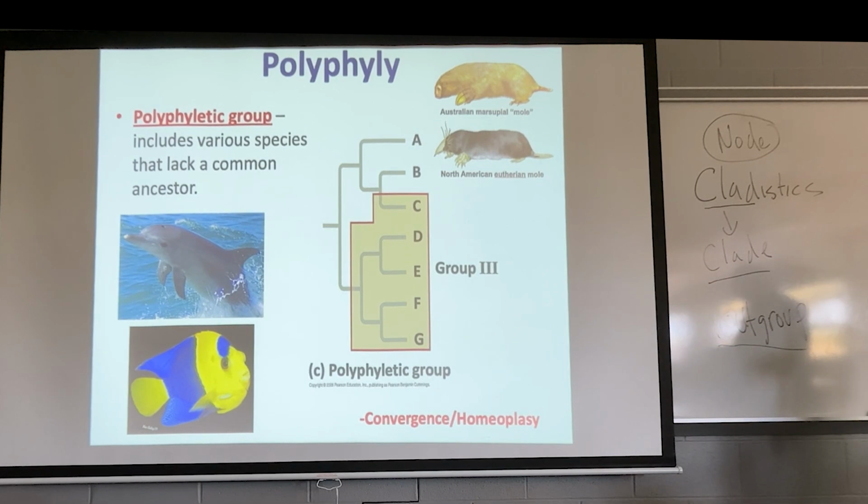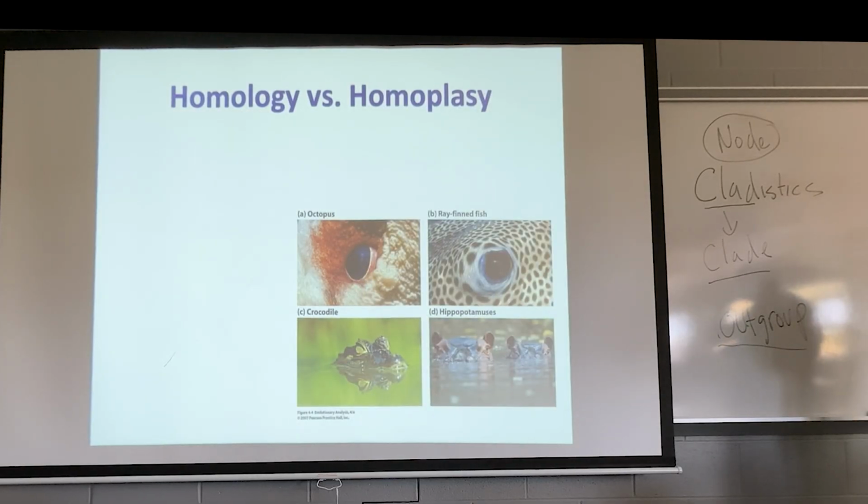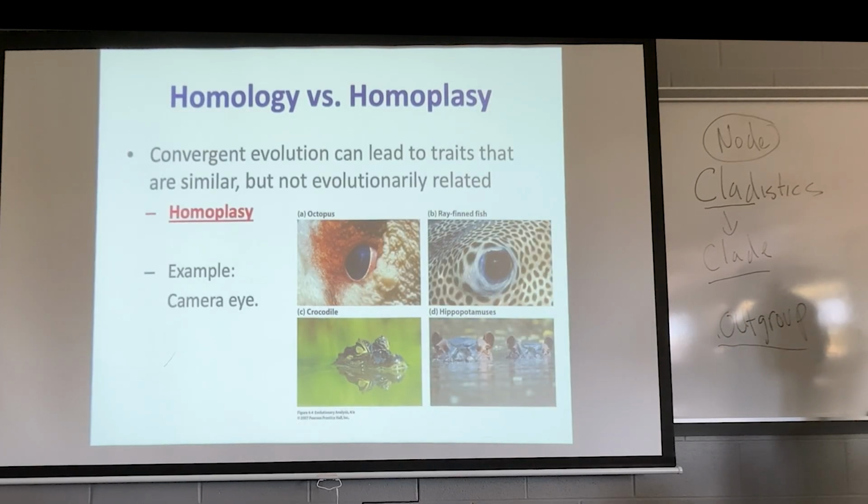So let's look at an example here. If we wanted to build a tree and we wanted to use just the camera eye, right? We would never just use one trait, but here's an example where we're going to try to do this with one trait. And we're going to try to build a tree on the camera eye.